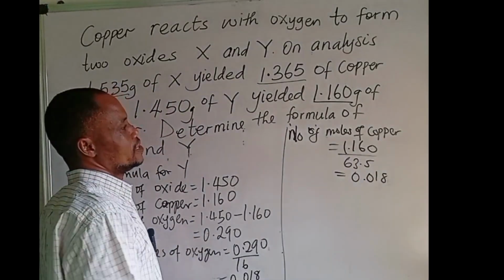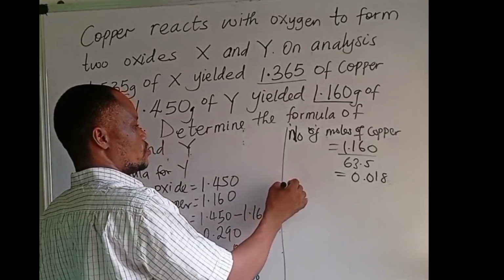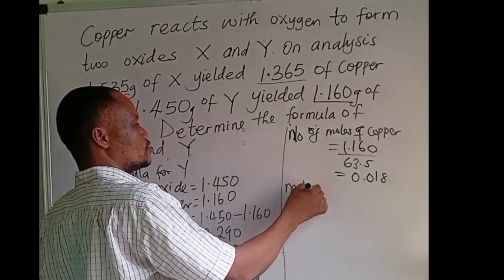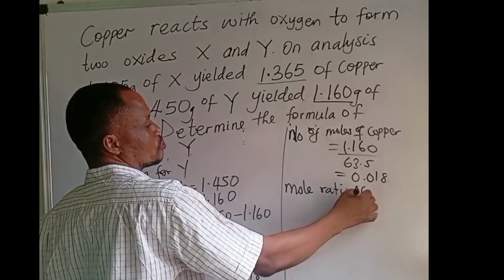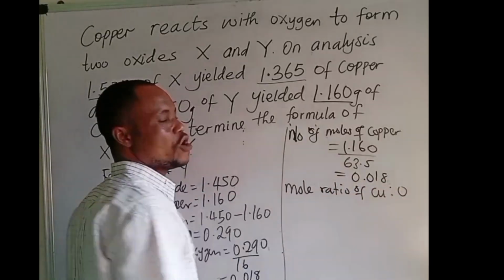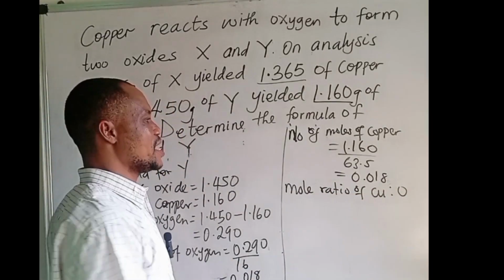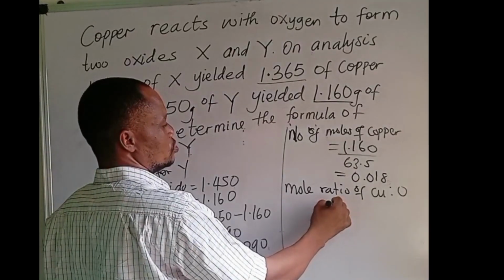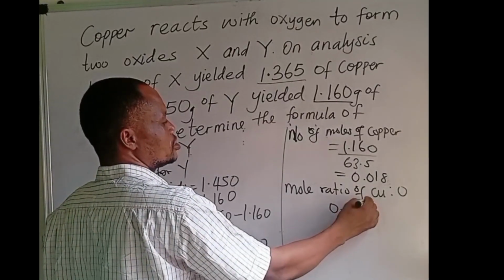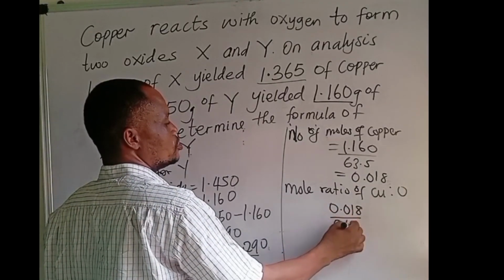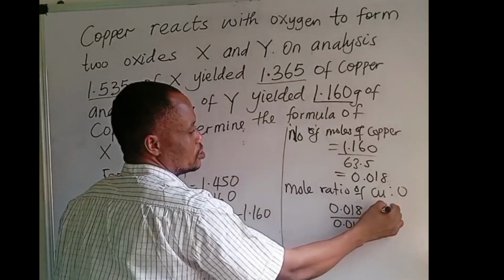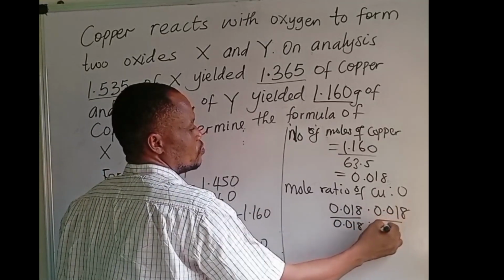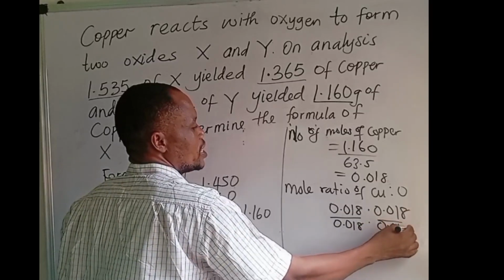Okay? Now, mole ratio of copper to oxygen. So we have 0.018 over 0.018.